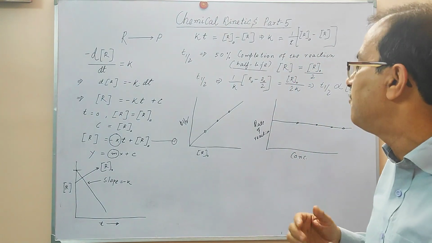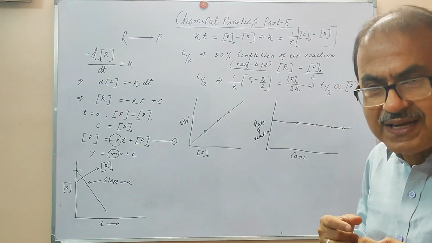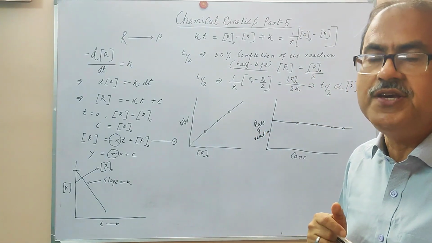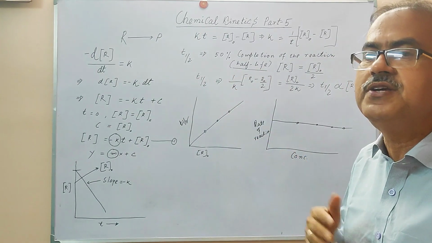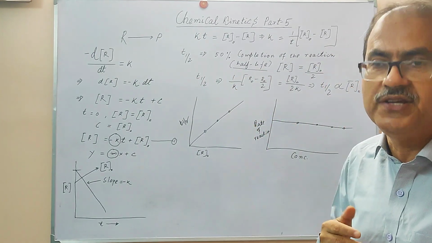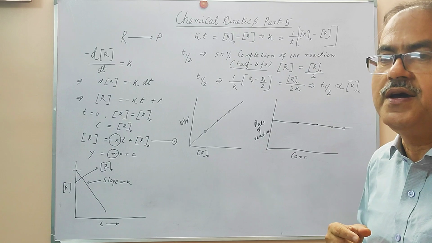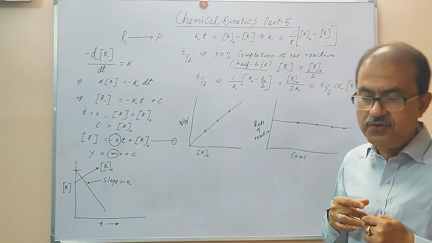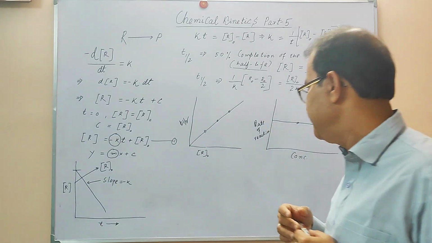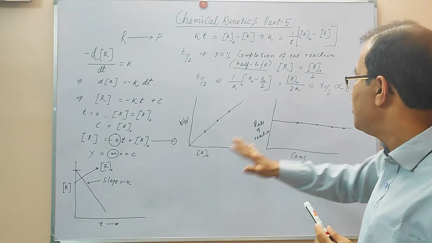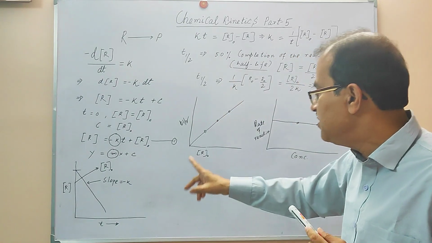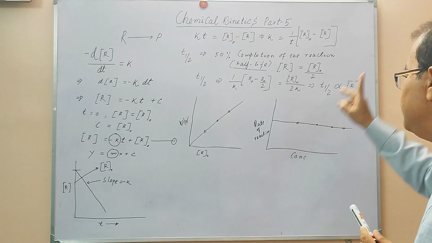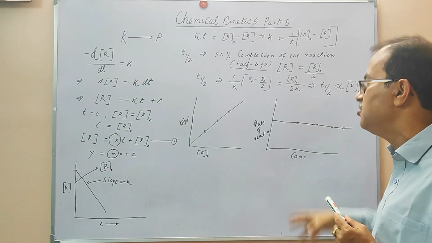This type of zero order reaction we discussed in our second video, where we gave a lot of examples. Zero order reactions are rare, but they do happen. So three graphs we have presented: concentration with time, t half with initial concentration, and rate of reaction with concentration.